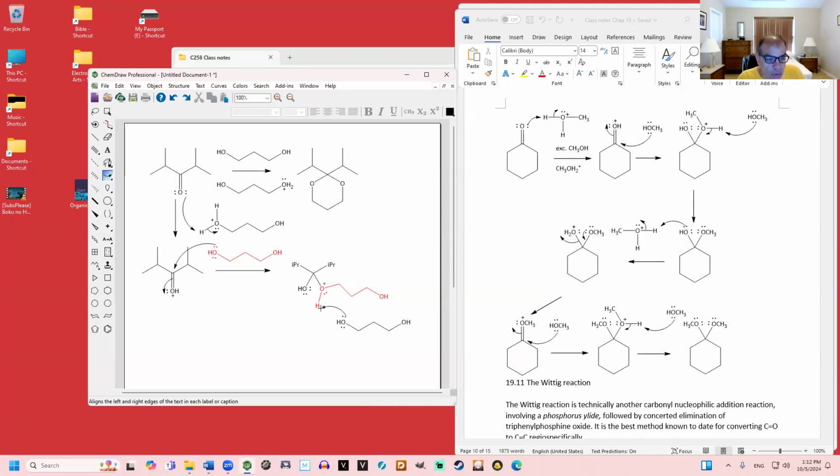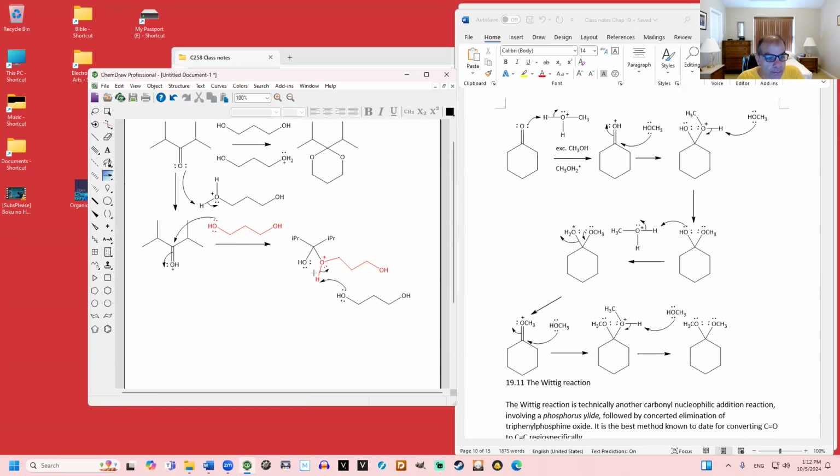So the alcohol uses a lone pair on oxygen, picks off a proton from that oxygen with a plus charge, and we move the electrons back onto oxygen and get rid of the plus charge.